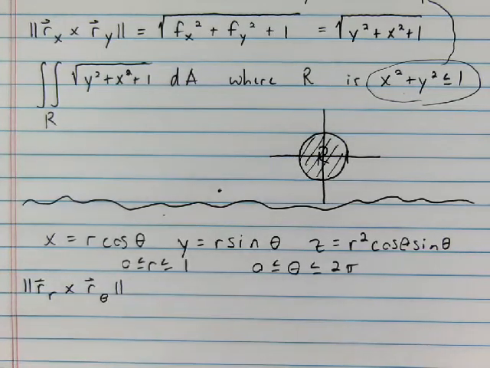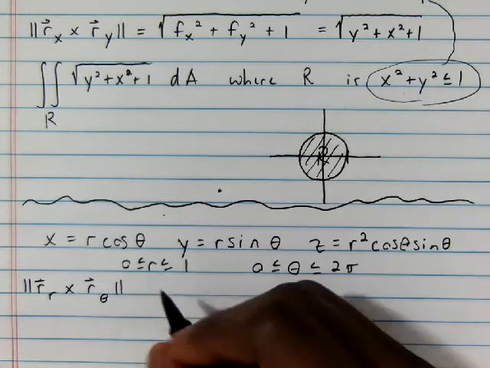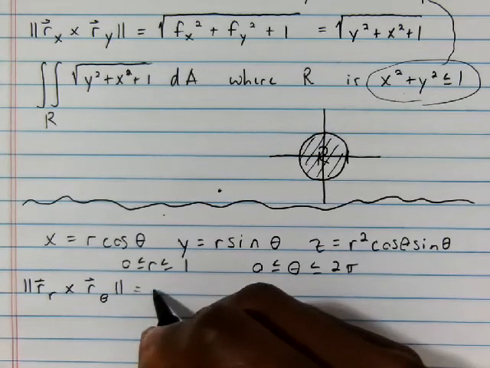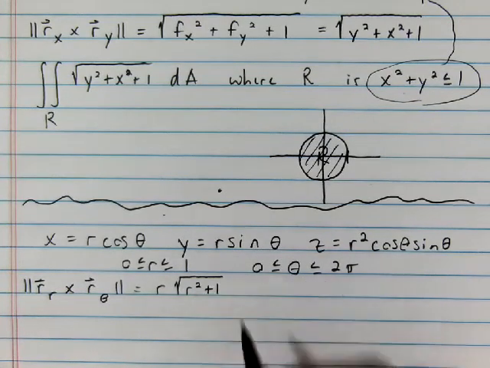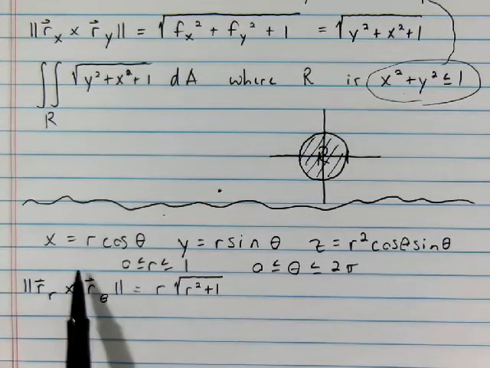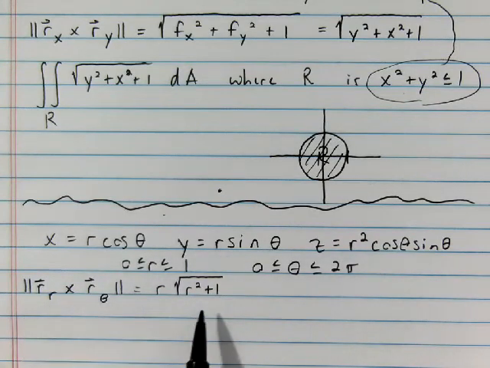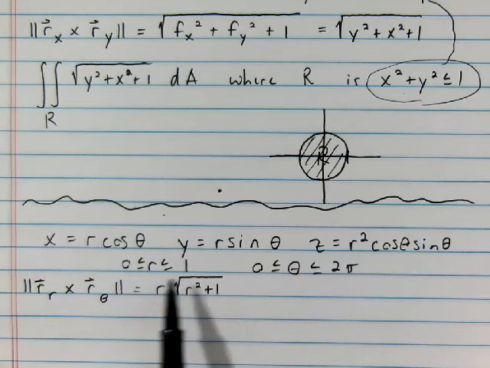So the magnitude of r sub r cross r sub theta is going to end up being r times the square root of r squared plus 1. You would take the partial with respect to r, partial with respect to theta, cross product, magnitude, simplify, and you'll end up with this.